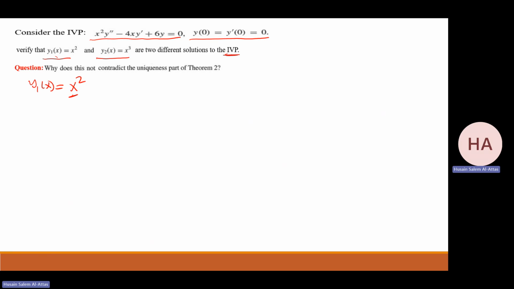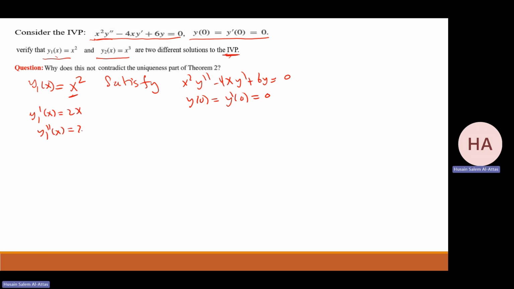Okay, so now y1 of x equals x squared, where I need to show that this satisfies the differential equation and the conditions. Okay, let us show that. I have y1 prime is 2x, y1 double prime will be 2.